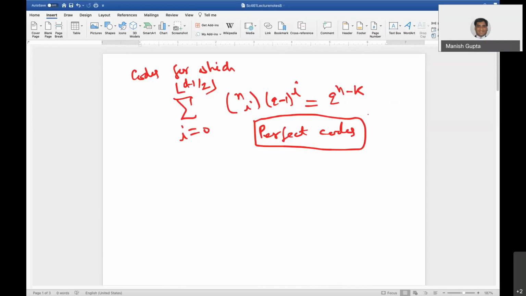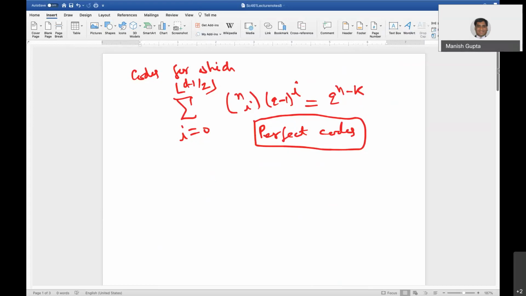So when these spheres cover the whole space, the code is known as a perfect code. In that case, equality will hold. The total number of vectors in these spheres multiplied by the number of code words is equal to q raised to the power n, the total number of vectors in the space.